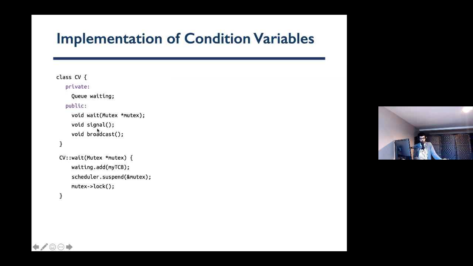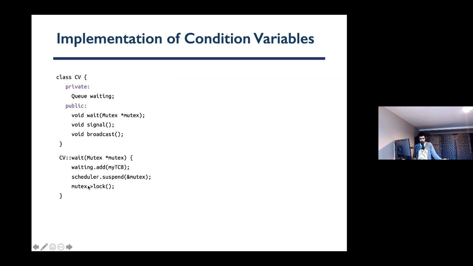Okay, so how does wait work? In wait, we add the running TCB to the waiting queue. We call the scheduler to suspend this TCB, and we pass the mutex to the scheduler. This line is very important.